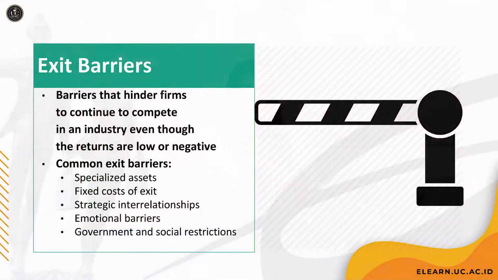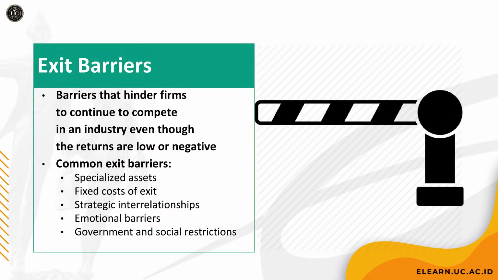Now, exit barriers are the opposite of entry barriers, or barriers to entry. Exit barriers are basically something that hinders companies from continuing to compete in an industry even though the returns are low or negative. It means that if your company is making a loss in the industry, it's hard for you to close down the company and call it quits.